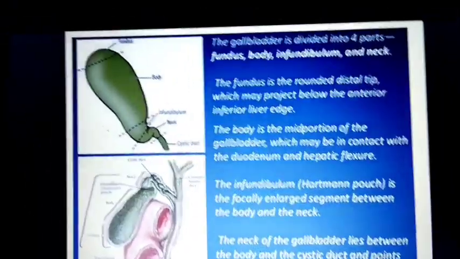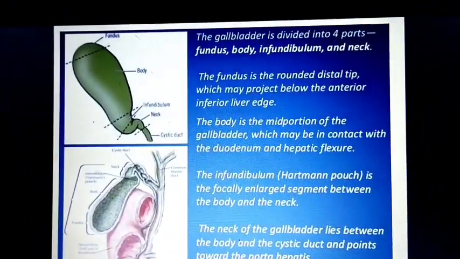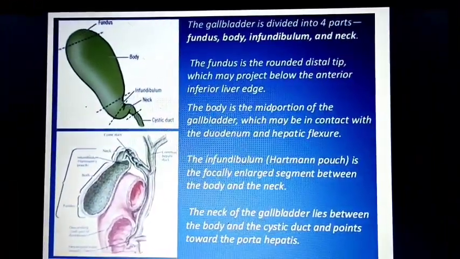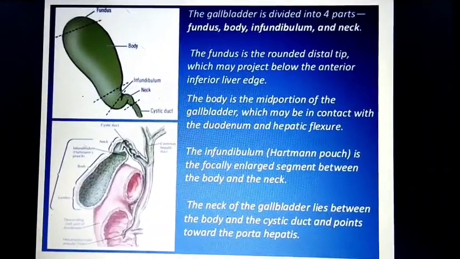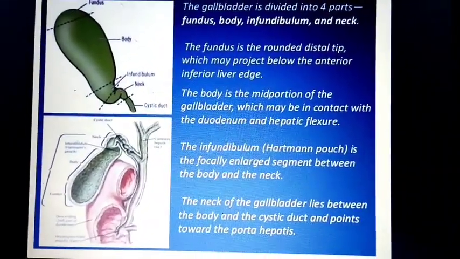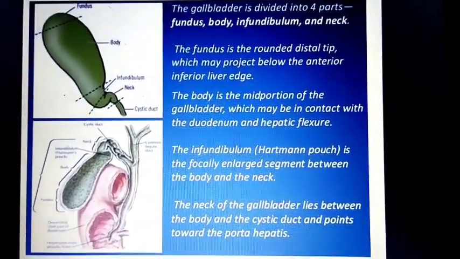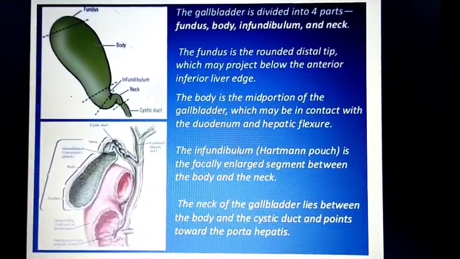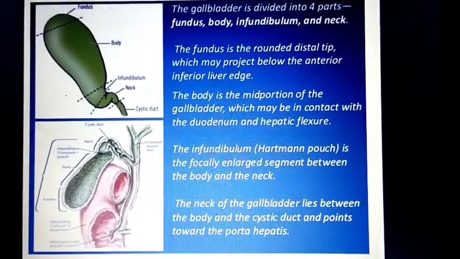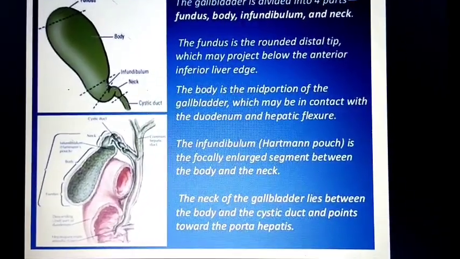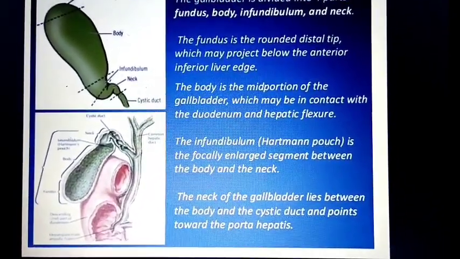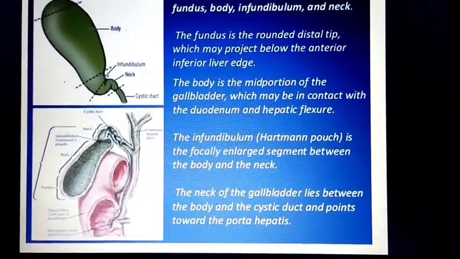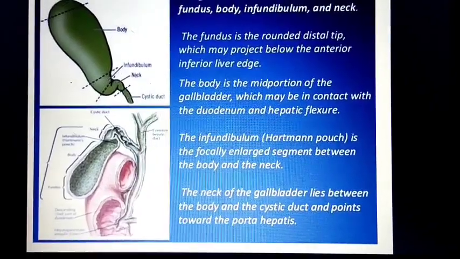The gallbladder is divided into four parts, as already explained: fundus, body, infundibulum and neck. Fundus is the rounded distal tip of the gallbladder which may project below the anterior inferior liver edge. Body is the mid portion of the gallbladder which may be in contact with the duodenum and hepatic flexure, and it is present in the fossa of the gallbladder.